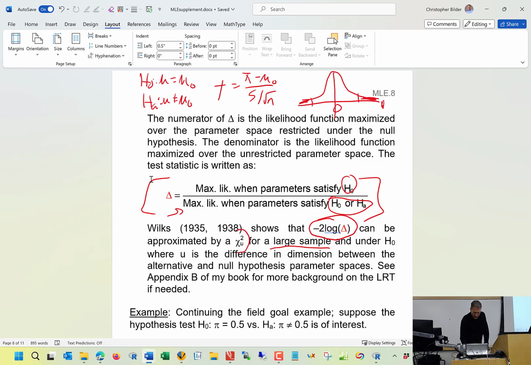Now, with the chi-square distribution, if you remember, there's always a degrees of freedom parameter that controls the shape. The degrees of freedom here ends up being the difference in dimension between the alternative and null hypothesis parameter spaces. What that basically means is, if the null hypothesis is true, how many parameters do I have left that are allowed to be anything?